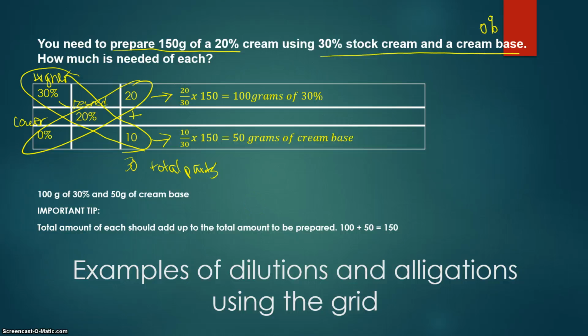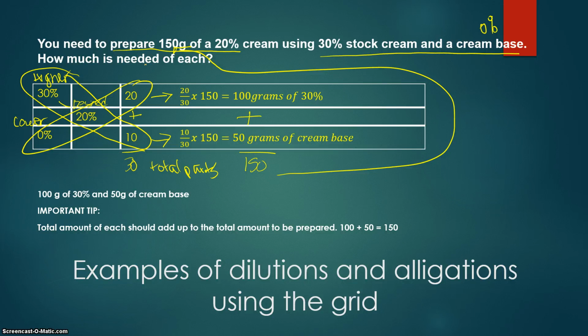Now an important tip to remember is the total amount of each should add up to the total amount. So after we have calculated how much should be prepared of each, we add up what we have calculated, which is the 100 plus 50, and then you should get 150. And this should be the same as the amount that you wanted to prepare to start with.